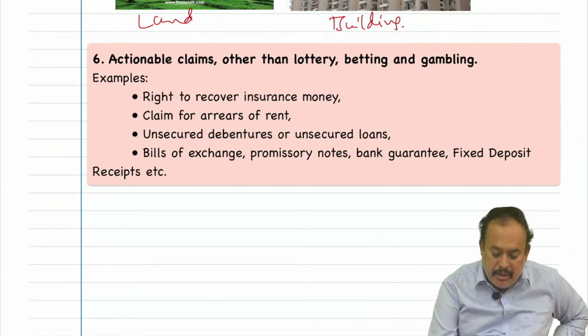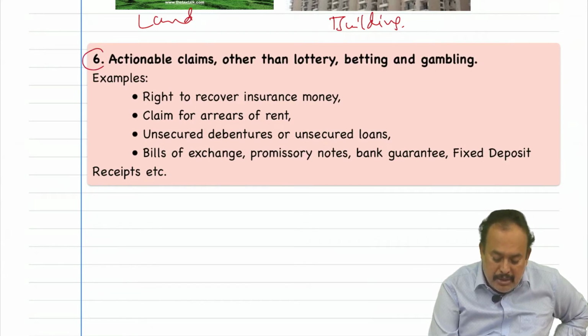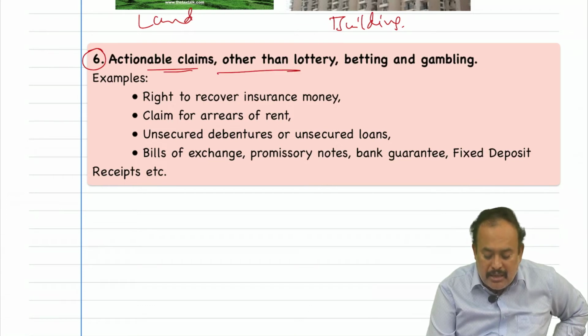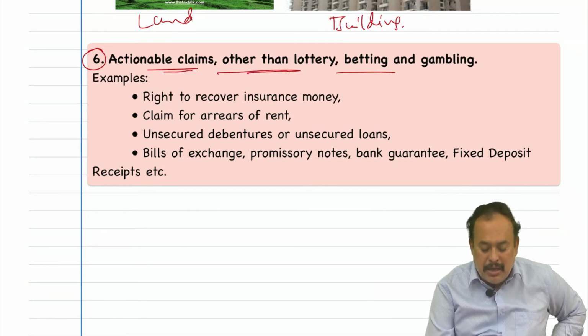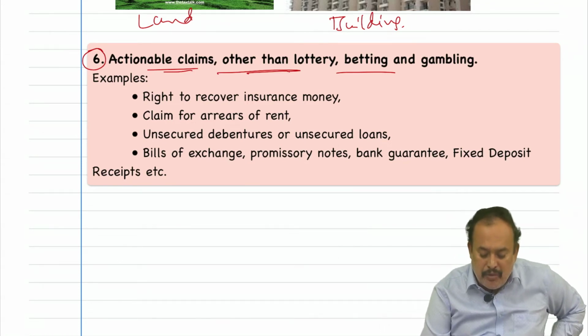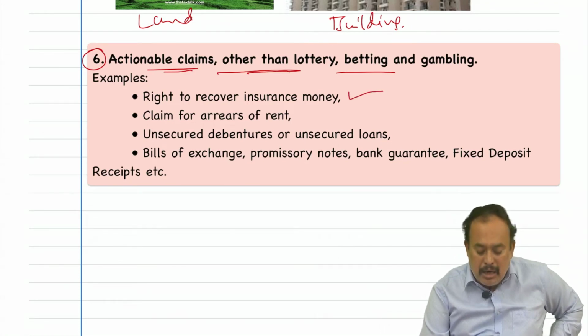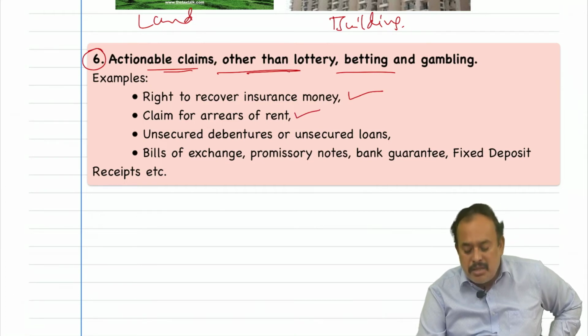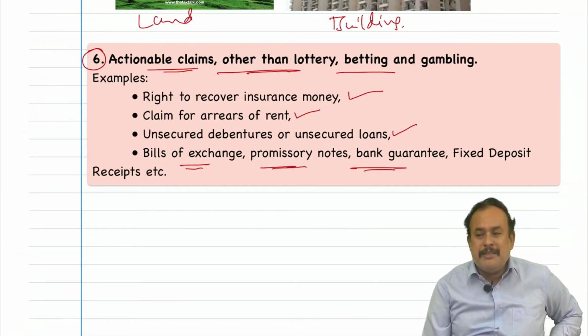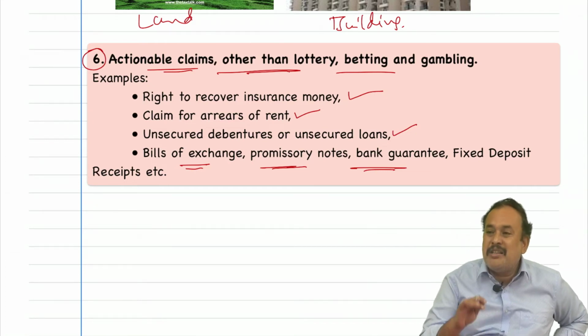referring to point number 6, actionable claims other than lottery, betting and gambling. Examples: right to recover insurance money, claim for arrears of rent, unsecured debentures, unsecured loans, bills of exchange, promissory note, bank guarantee, fixed deposit receipts, etc. These are called actionable claims, which are not attached with GST.